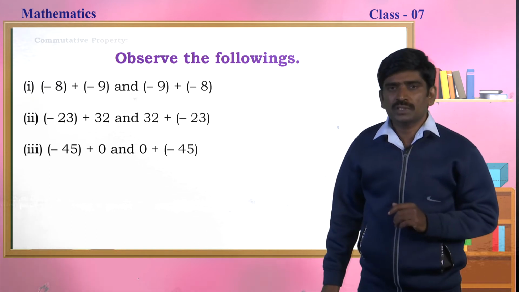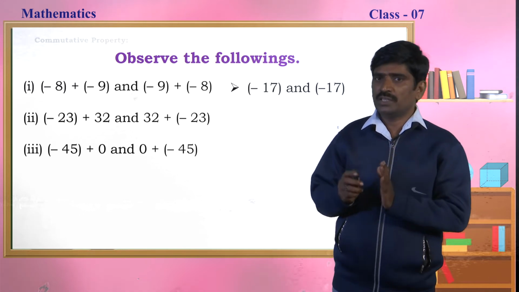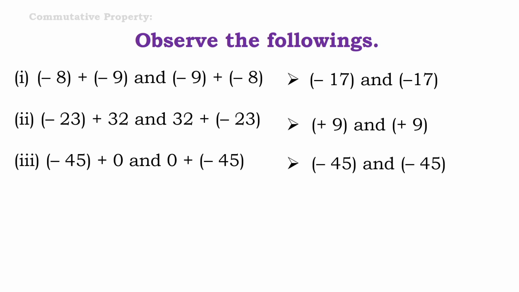What happens? See here, minus 8 plus minus 9 is minus 17, same, minus 9 plus minus 8 is minus 17. Minus 23 plus 32 is plus 9, 32 plus minus 23 is also plus 9. Minus 45 plus 0, also 0 plus minus 45 is minus 45.